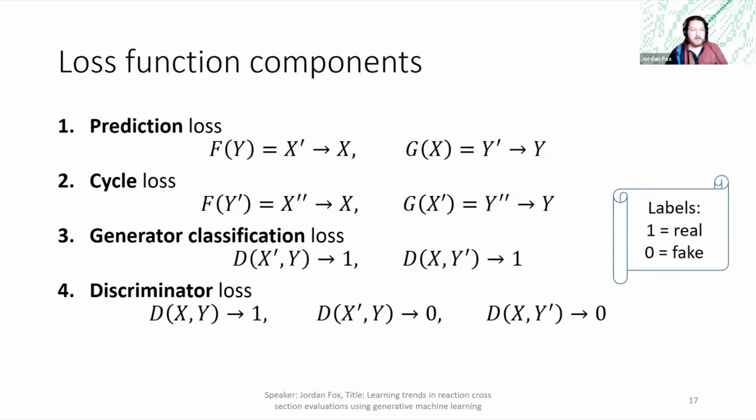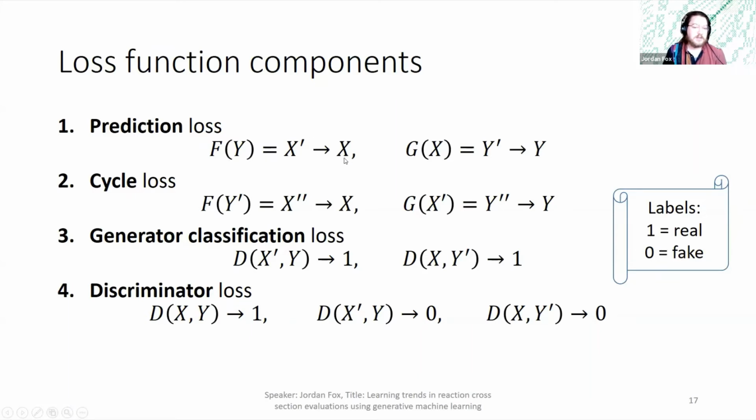So next I'll talk about the loss function that we use to optimize our network. There are 4 components, and I'll go through each one and describe basically the action that it does. And then I'll show the formulas. I feel like it's a bit simpler to understand if I describe the action that they take rather than just showing you a formula. So I'll do both. Number 1 is prediction loss. So we have our function generator F, which takes in Y and produces a prediction for X, which we call X prime.